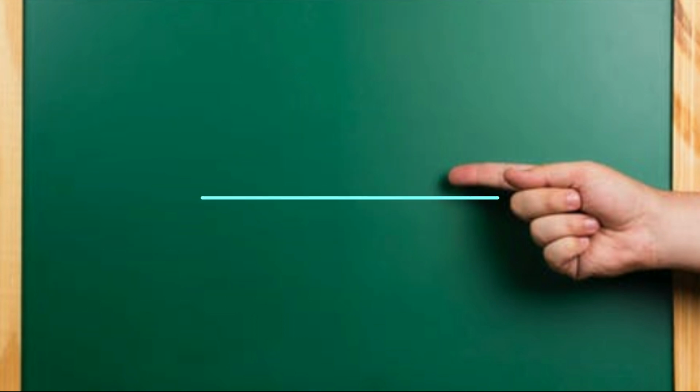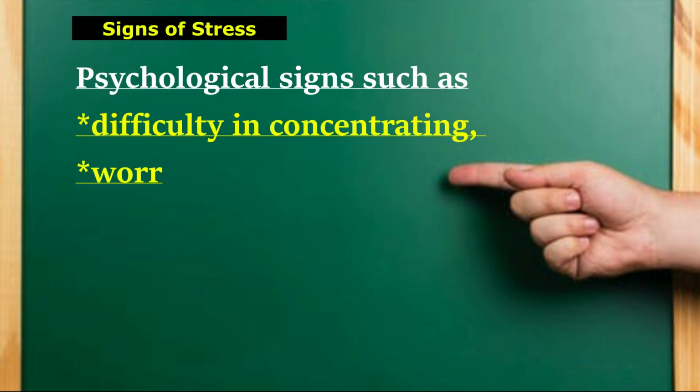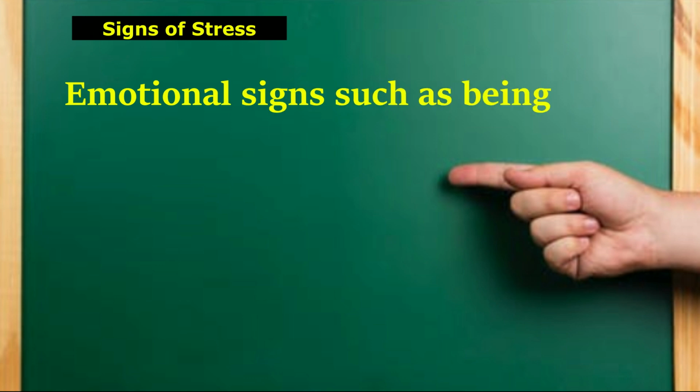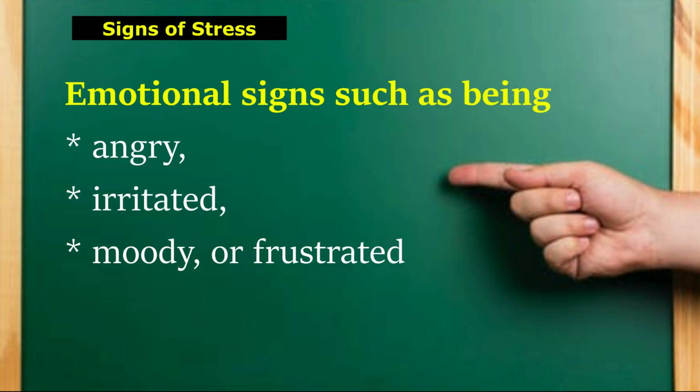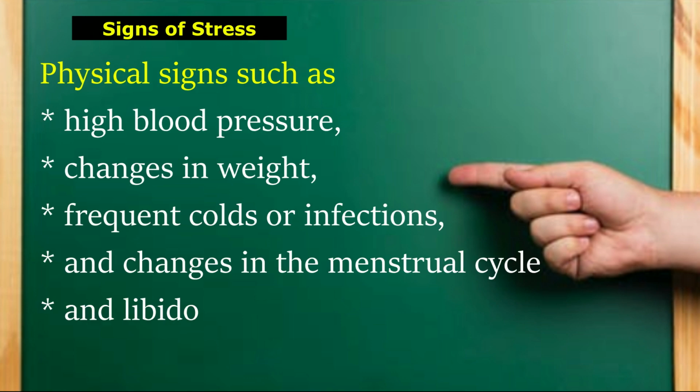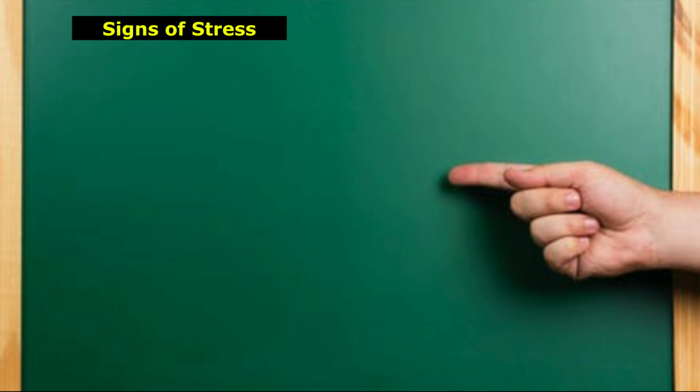Signs of stress. Psychological signs such as difficulty concentrating, worrying, anxiety, and trouble remembering. Emotional signs such as being angry, irritated, moody, or frustrated. Physical signs such as high blood pressure, changes in weight, frequent colds or infections, and changes in the menstrual cycle and libido.